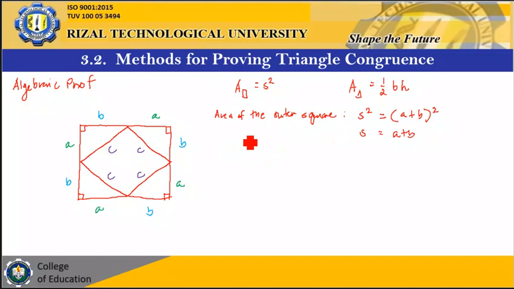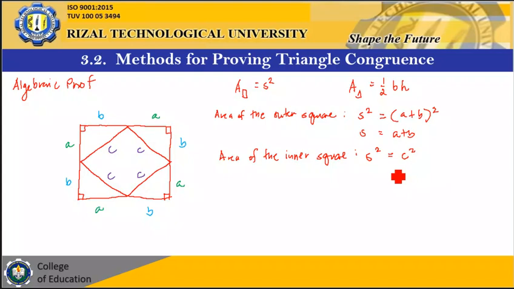And let's find this time the area of the inner square. And that is S squared is equal to, since the length of the sides for the inner square is C, then we say that this is C squared.